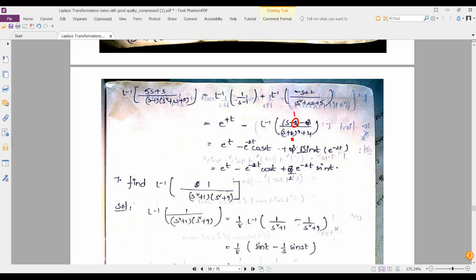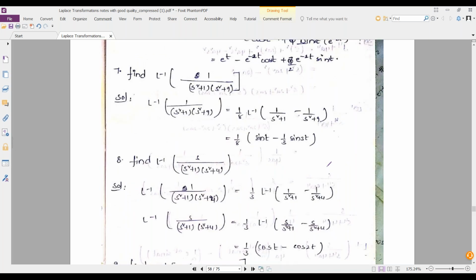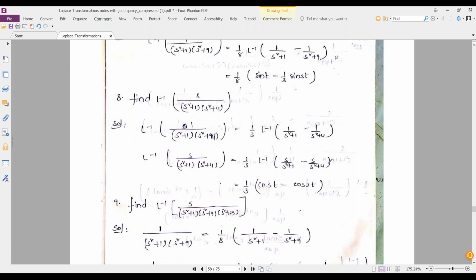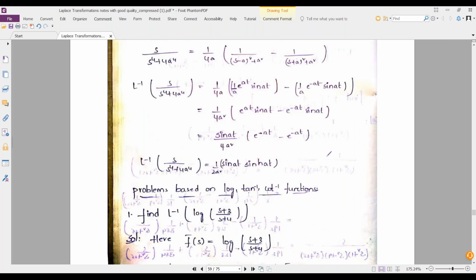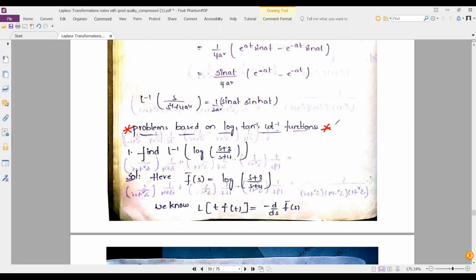This one is also quite similar. If the examiner wants to twist the questions, this type of question may be posed: log, tan inverse, cot inverse. These three functions may be possible.